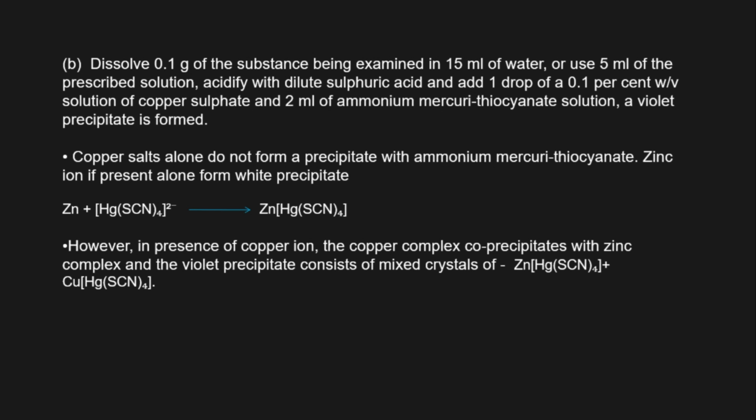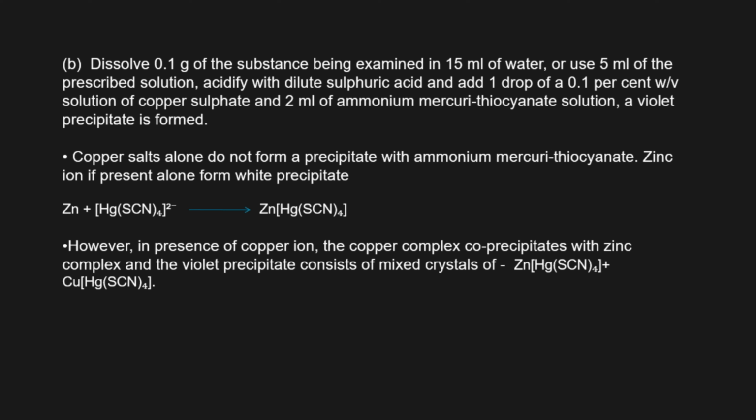The second method for identification of zinc is as under. Dissolve 0.1 gram of the substance being examined in 5 ml of water or use 5 ml of the prescribed solution. Acidify with dilute sulfuric acid and add 1 drop of a 0.1% weight by volume solution of copper sulfate and 2 ml of ammonium mercuric thiocyanate solution.